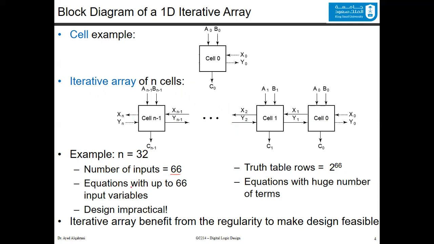The equation that you need to produce will have up to 66 input variables, so 66 will be the upper bound. It could be less. This means that you will have an equation with a huge number of terms. And if you take any design idea that we studied before, it would be impractical. So the idea of the iterative array makes it easier. The iterative array benefits from the regularity to make the design feasible.